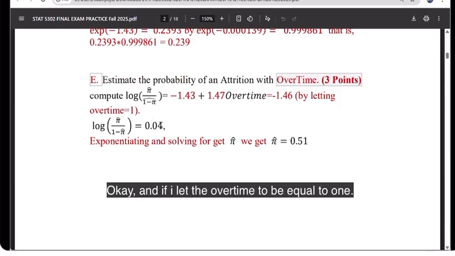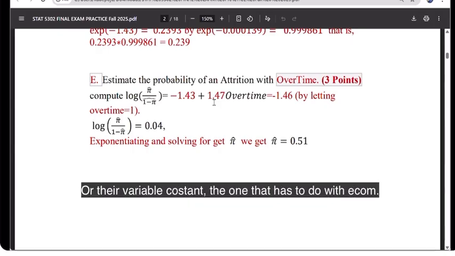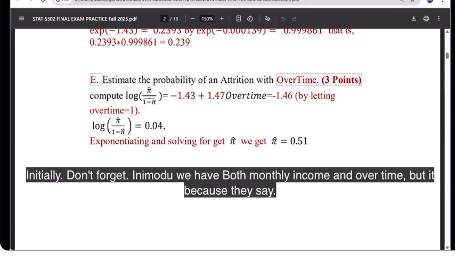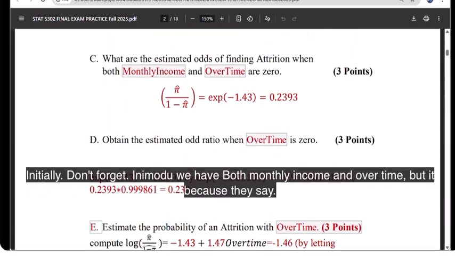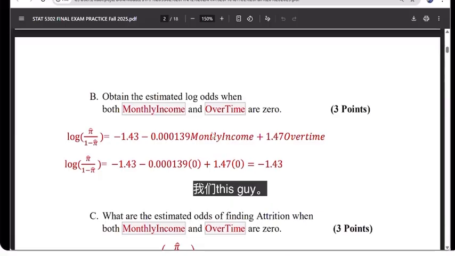If I let the overtime be equal to one, when I say with the overtime, it means I'm keeping the other variable, the one that has to do with income, constant. That's why it's not going to be in the model. Initially, in the model we have both monthly income and overtime, but because we're focusing on the overtime, we can be silent on the other.